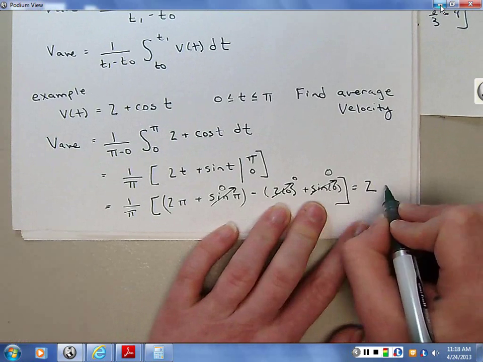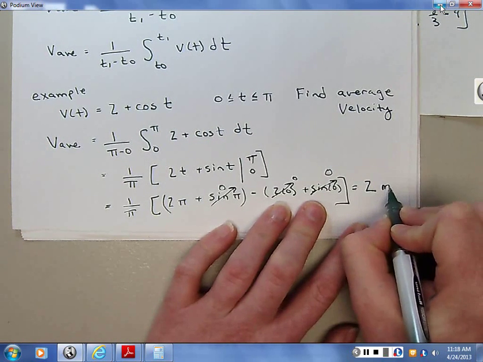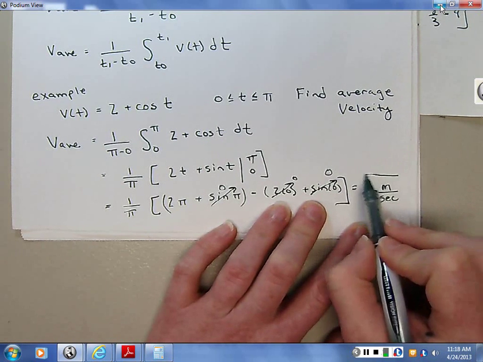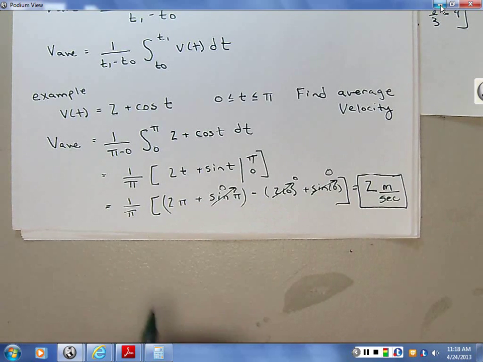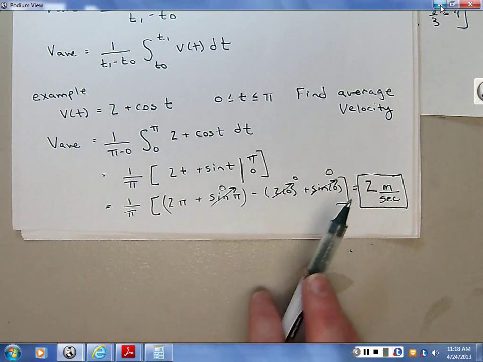So this might mean something like meters per second. Let's pretend like it is meters per second, feet per hour, kilometers per hour, miles per hour, whatever the unit of measurement for my original velocity is. This would be the average velocity.